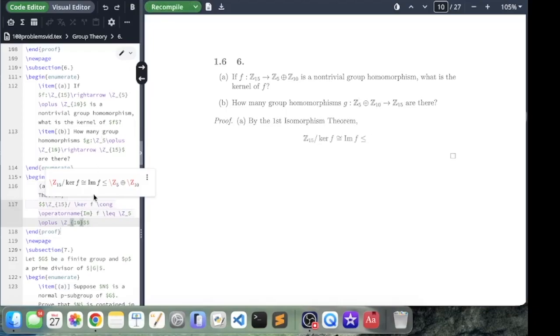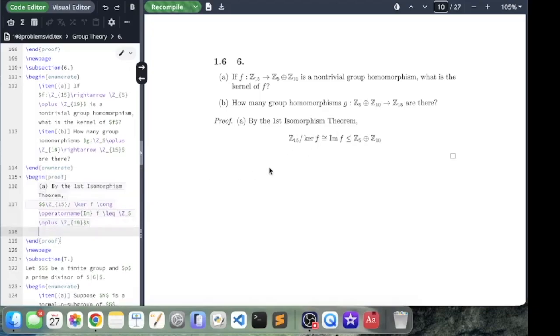Okay, we want to think about how this is useful to us. So we have this first part, which is that Z15 modded out with the kernel of f is isomorphic to the image of f. And this first part is, what's the index of the kernel of f in Z15?